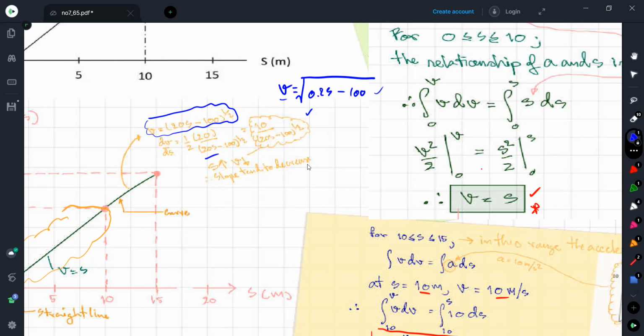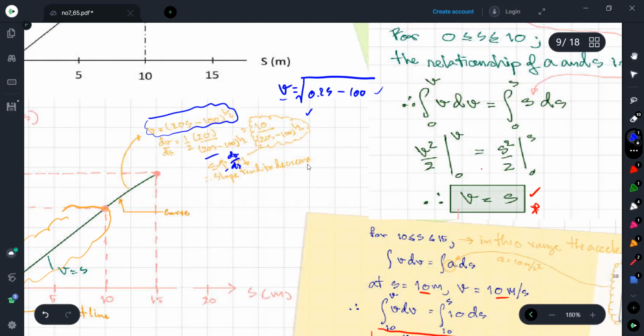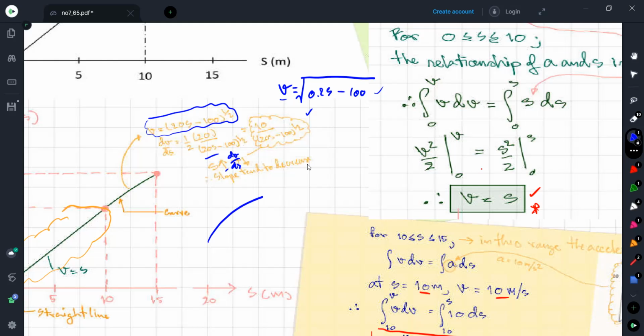And from this term, we observe that when S is increasing, dV by dS is decreasing. According to this, we may predict that the graph in this range should be a curve like this, where the slope tends to be less than the first one.